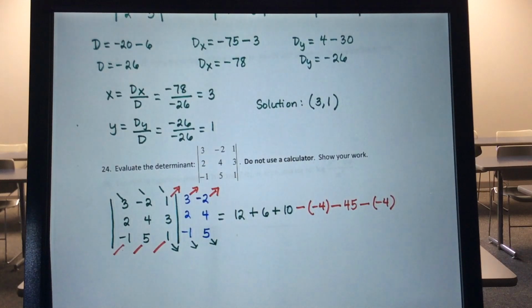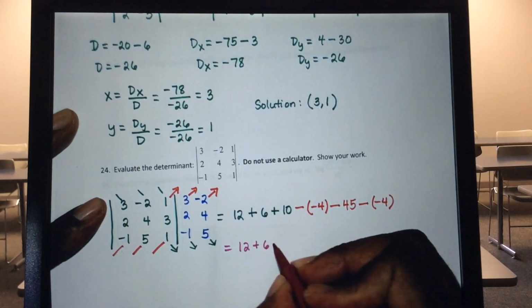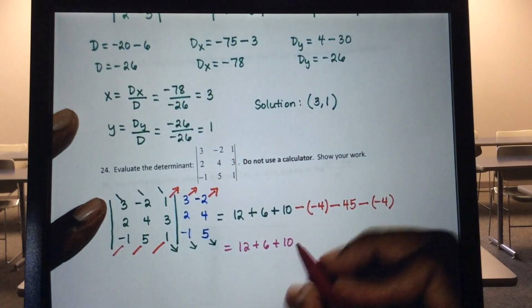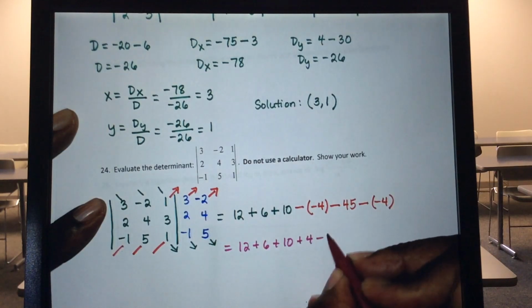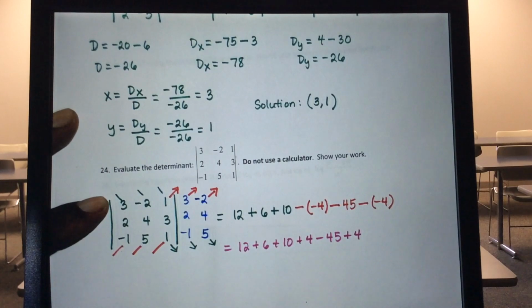Now, if you want to, you can clean this up or type all of that into the calculator. Okay, I'm going to clean this up a bit. Have 12 plus 6 plus 10 minus a negative 4 will be plus 4 minus 45, and minus a negative 4 will be plus 4.